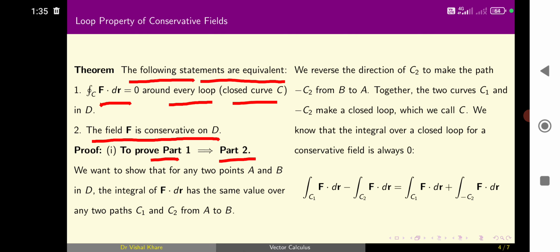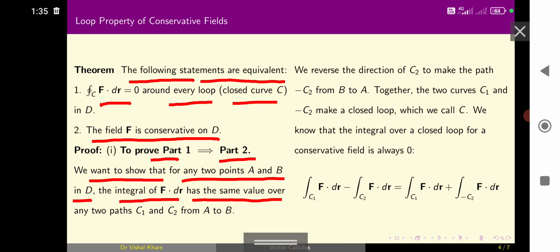We want to show that for any two points A and B in D, the integral of F dot dr has the same value over any two paths C1 and C2 from A to B.